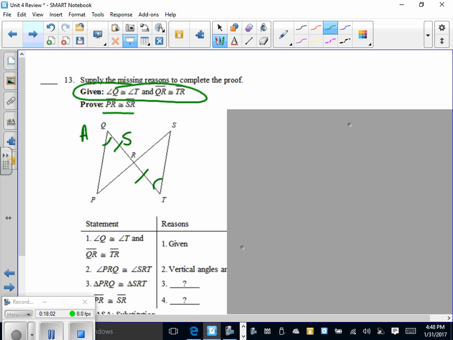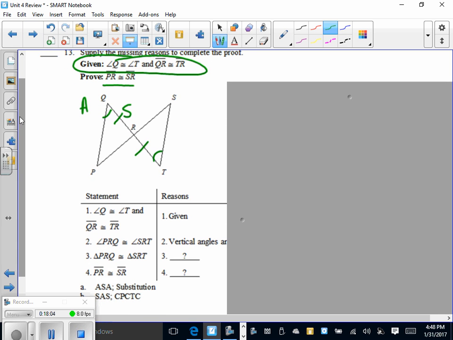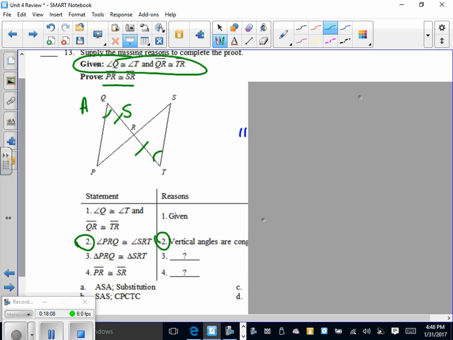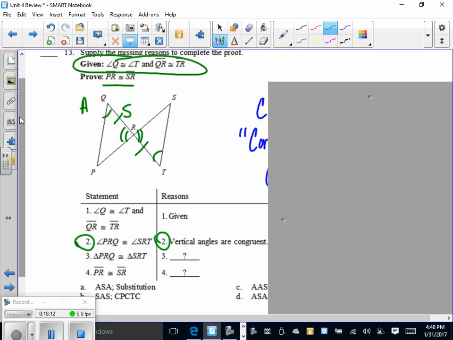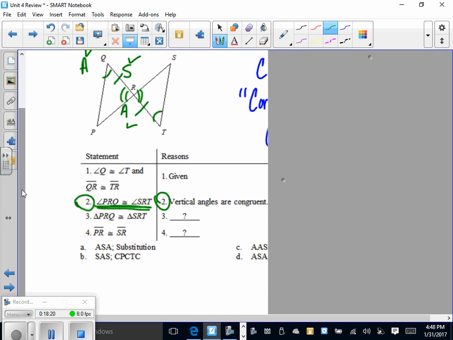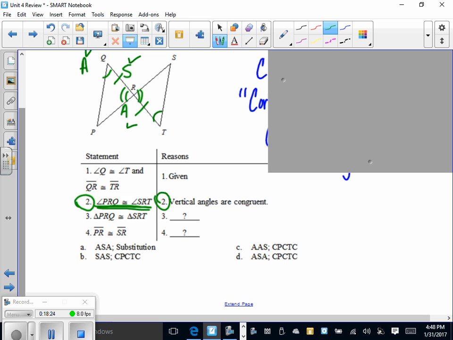There's an S. So I need either another angle or another side. Well, right here in part 2, it says vertical angles are congruent to each other. So that means this angle and this angle are congruent. It even tells you which two angles are congruent. So there's another A. I have angle, side, angle. So based on just that information, I know that it's either A or D. So I can eliminate C and B.